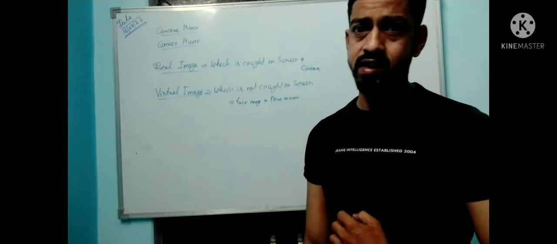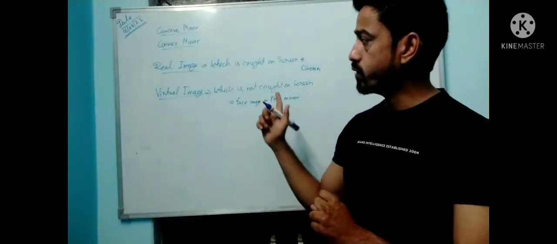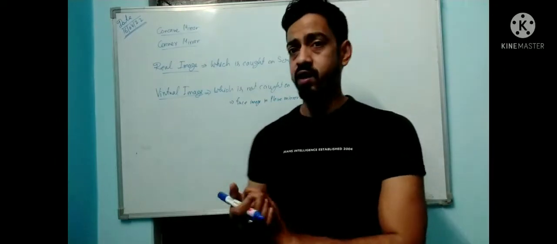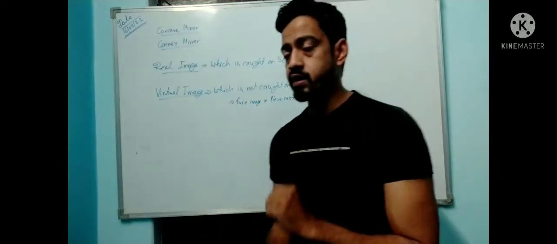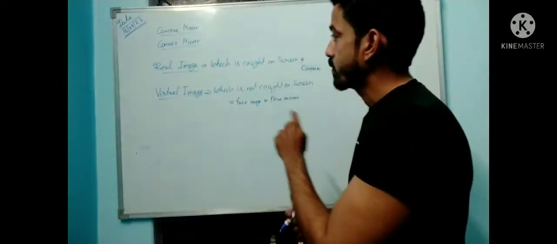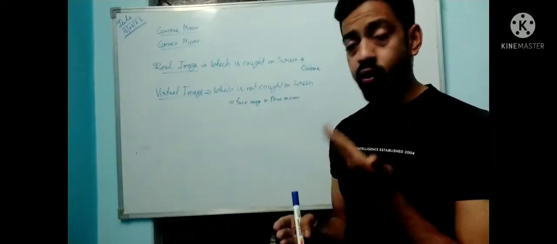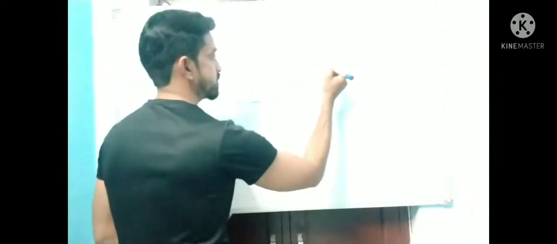How do we define this image, real and virtual, in terms of the spherical mirror? So the technical term is: real images are those images that are formed on the same side of the mirror.